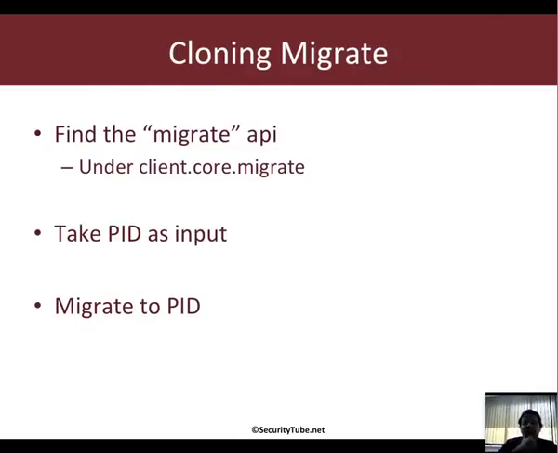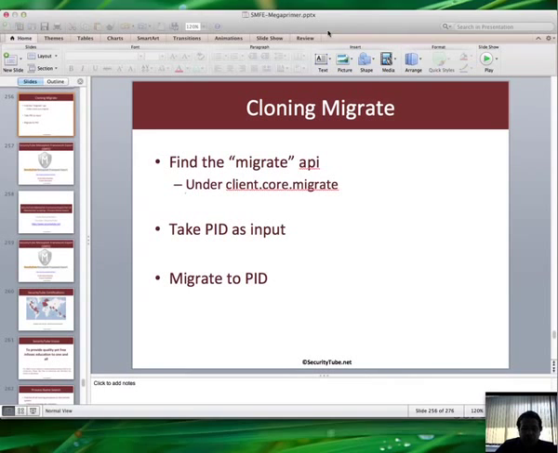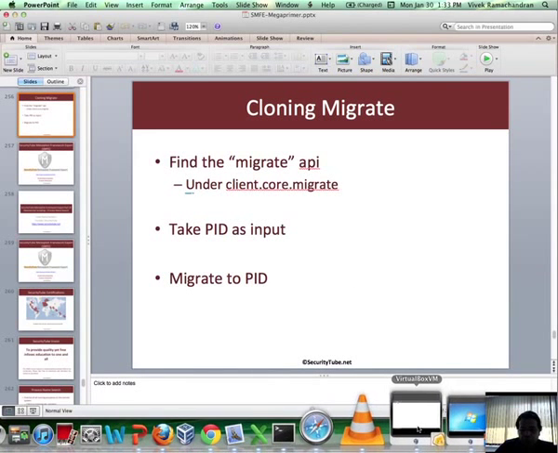Okay, so if I want to create a clone for Migrate, the first thing I need to do is locate the API which offers me the ability to migrate my Meterpreter session into a new process. So let's go back to our machine.